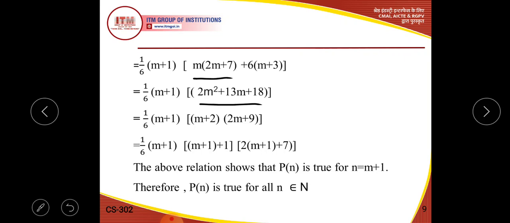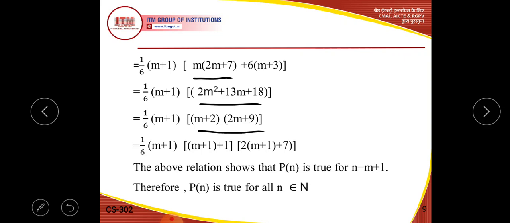Now you have to solve this quadratic equation by middle term splitting. After using middle term splitting, the quadratic expression is split into two factors. The first one is m plus 2 and the second one is 2m plus 9.